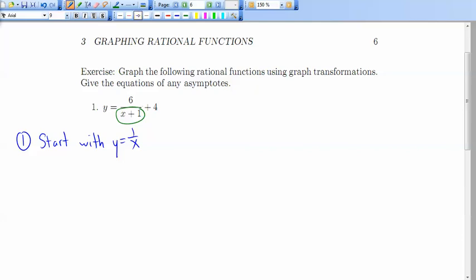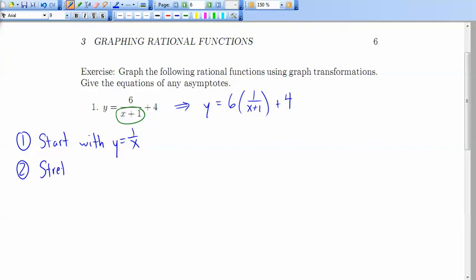By the way, you probably want to convince yourself that having 6 over x plus 1 is the same as having 6 times 1 over x plus 1. So that means that multiplier of 6 will have an effect of creating a vertical stretch on our graph. So that'll be our second step.